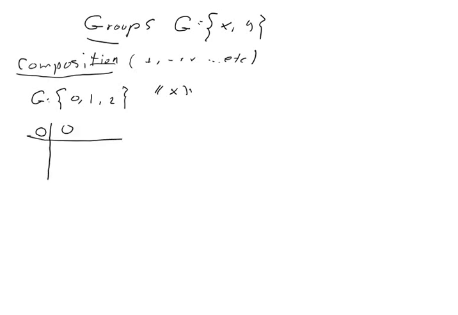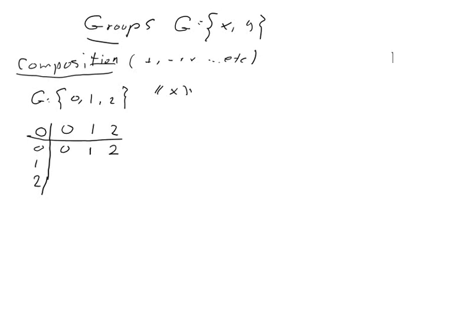You have 0, 1, 2 and 0, 1, 2. 0 composition 0 is 0. A composition is multiplication. 0 composition 1 is 0, and 0 composition 2 is 0.